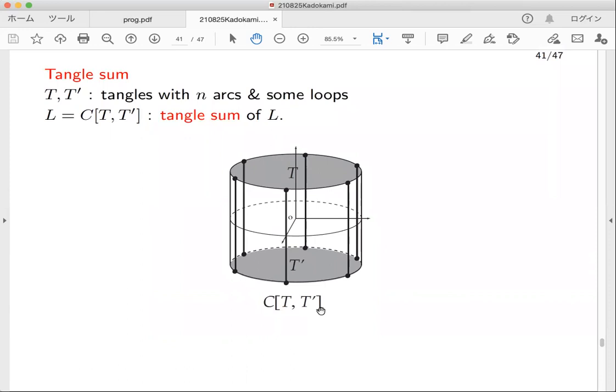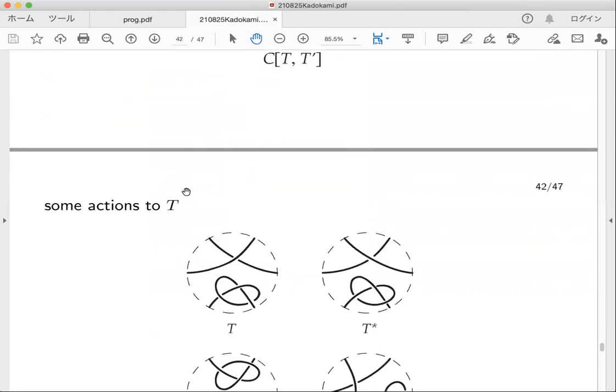Tangle sum. Let T and T prime be two tangles with n arcs. We denote this form by C(T, T prime).